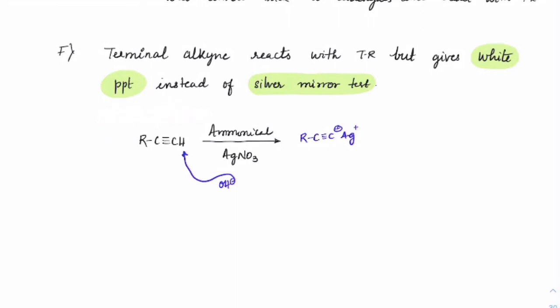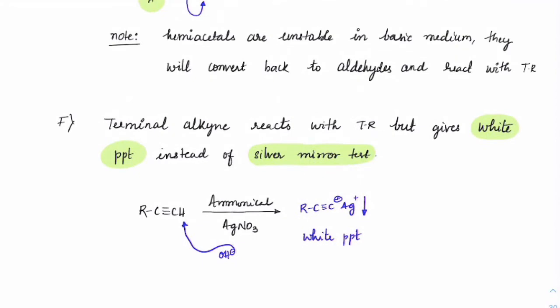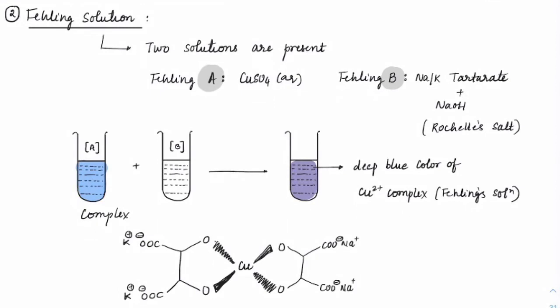So check the question carefully. And this would be a white precipitate which is forming. You have done this in alkynes if you recall. So this is about the cases of Tollens reagent. Now coming to the Fehling's solution.